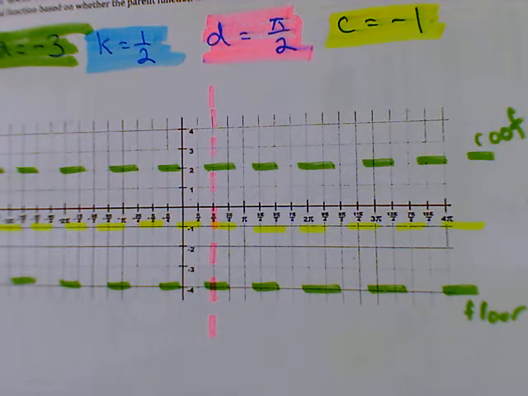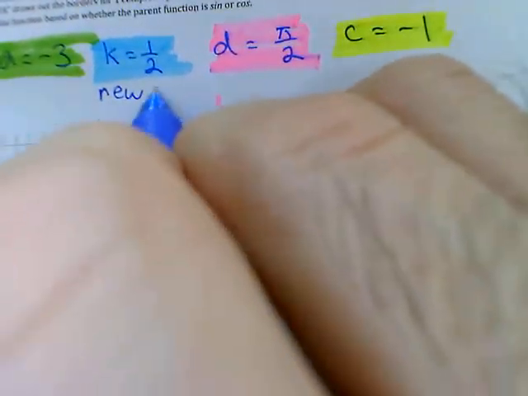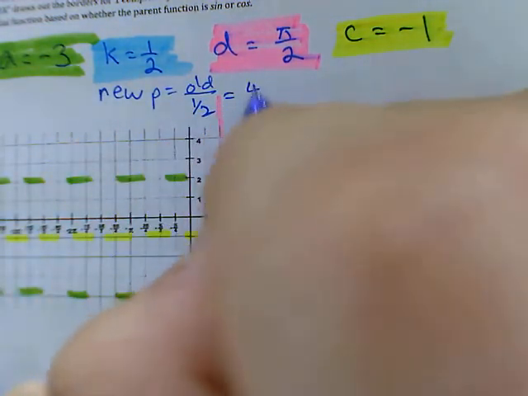And where do I end? Not 2 pi. And this is what you have to calculate. New period is old over 1 over 2, which is 4 pi.